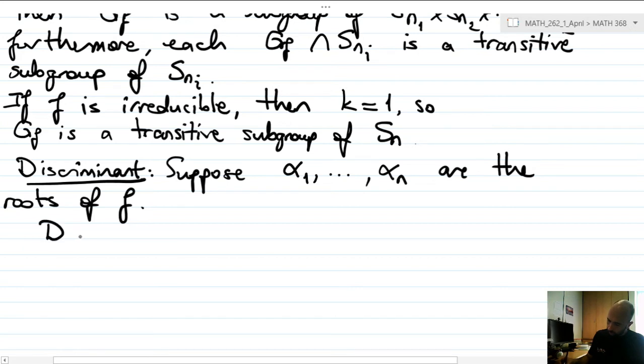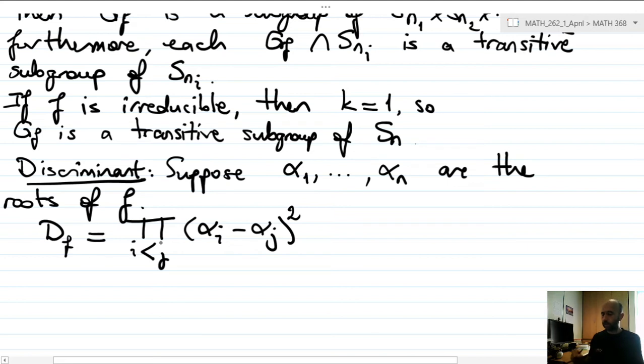Now, d or d_f, let's say, the discriminant of f is the product of (alpha_i minus alpha_j) squared for i less than j. I mean, we have some fixed order of the roots, it doesn't matter which one. According to this ordering, look at all alpha_i minus alpha_j, square them up. Since you're squaring them, the ordering will not matter eventually.